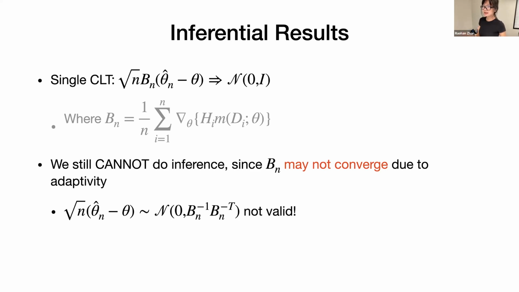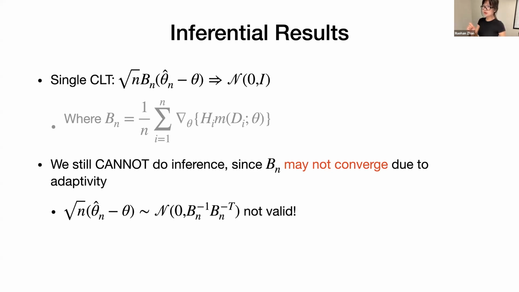But here, since we allow the agent to be adaptive, the agent has the freedom to adjust the data collection policy. So we really don't want to impose the assumption of convergence of the data collection policy. It might happen that at some time the agent figures out one treatment is better than the others, but when the agent collects more and more data, it figures out another treatment is actually better.